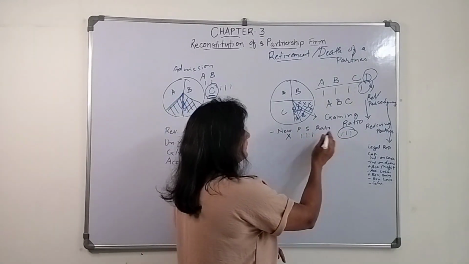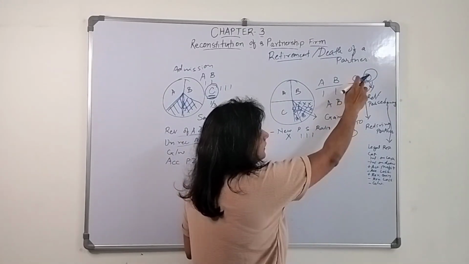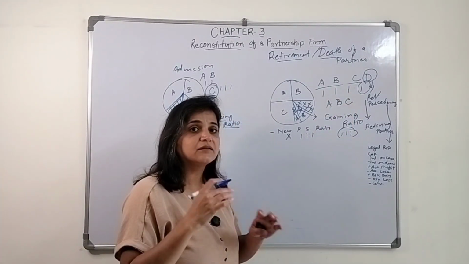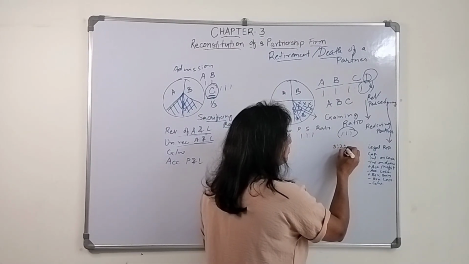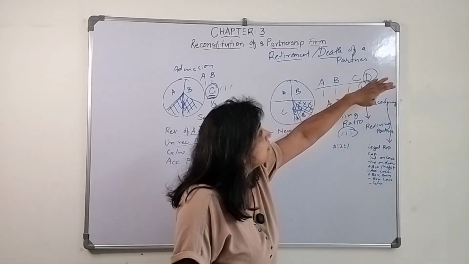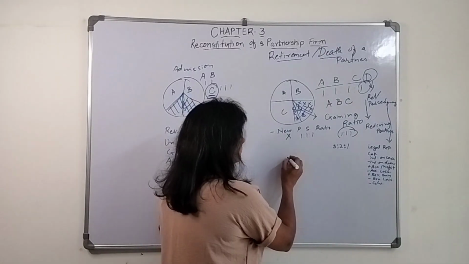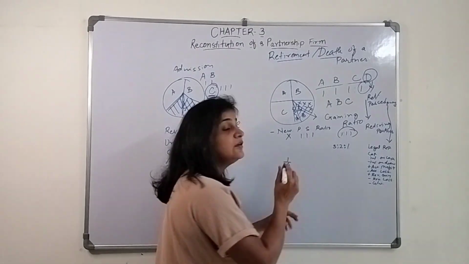But let's say they are sharing this profit in a different amount, let's say in the ratio of 3:2:1. Let's determine this. Now D, how much profit was he receiving? 1/4.